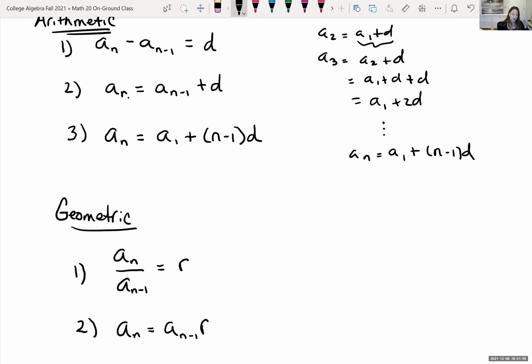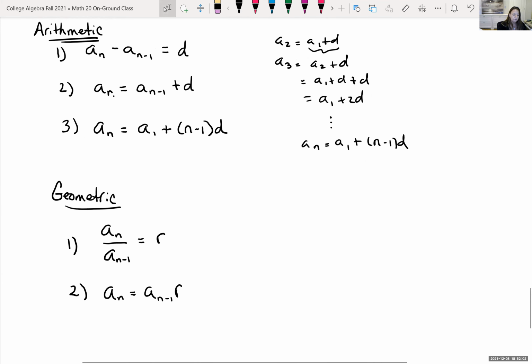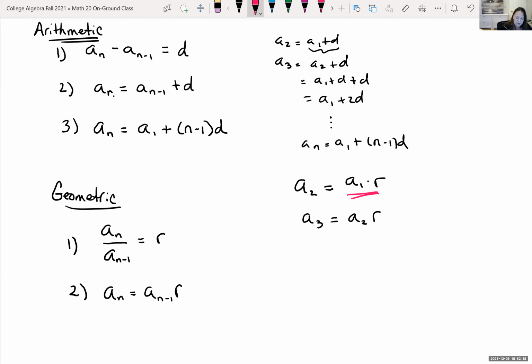And the same way that we derived the third formula for the arithmetic sequence, we can also do that for the geometric sequence. So for instance, I know that the second term is equal to the first term times r. I know the third term is equal to the second term times r. But we know what a sub 2 is, and we can just go back and replace it. So this is a sub 1 r times r, which is a sub 1 times r squared.